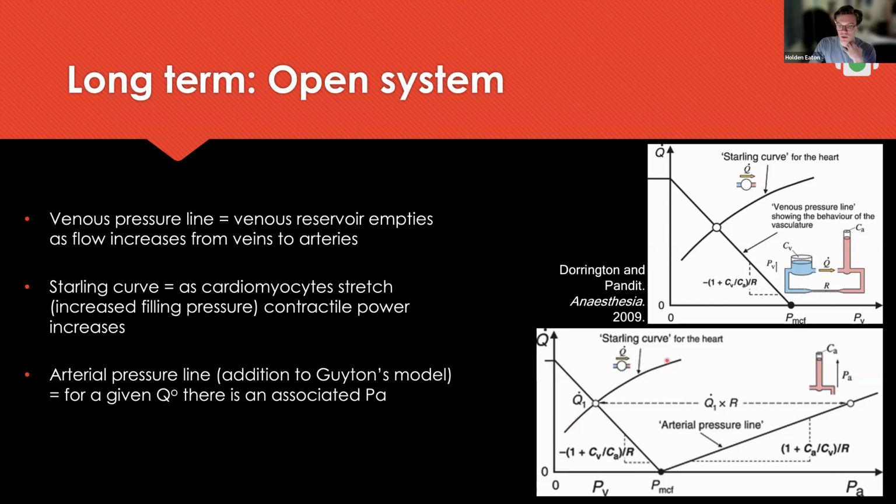So you get this upward sloping effect. And then you have the arterial pressure line, which is the inverse of the venous line, because as cardiac output increases, as we spoke about, you come down this curve, more blood is moved across into the arterial system, so you ascend this arterial line. And the equilibrium that results is this Q1 point.